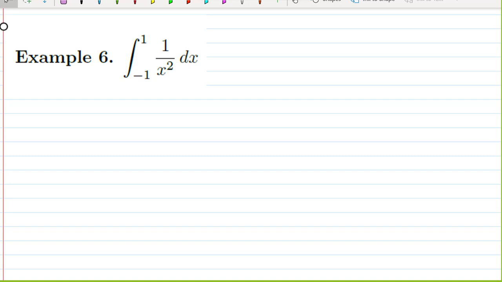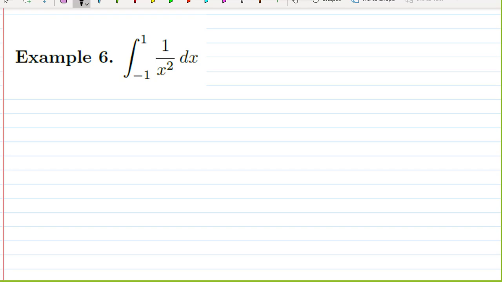And before we actually do this, let's make a couple of observations. 1 is positive, and x squared is positive, and a positive divided by a positive is positive. So that means this function is always above the x-axis. So then we would know that its integral would have to be positive. The area underneath the curve would be positive because area above the x-axis is positive.